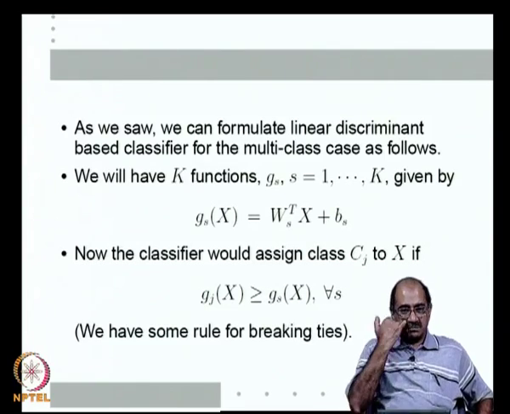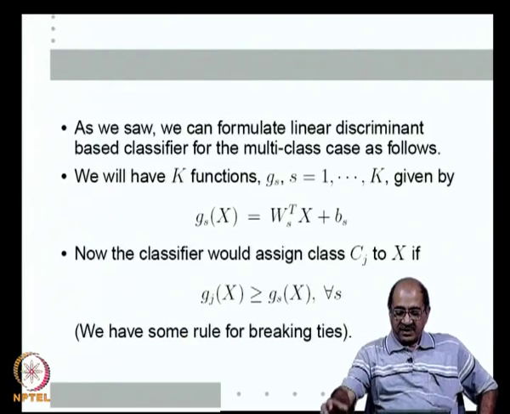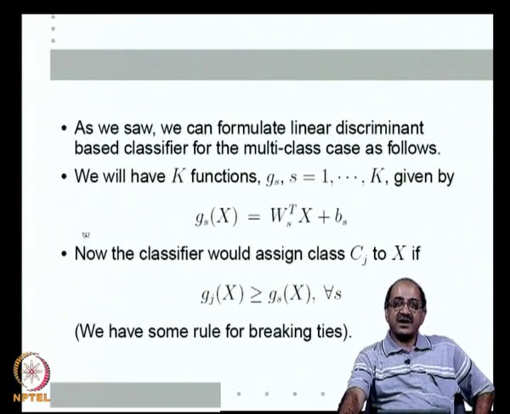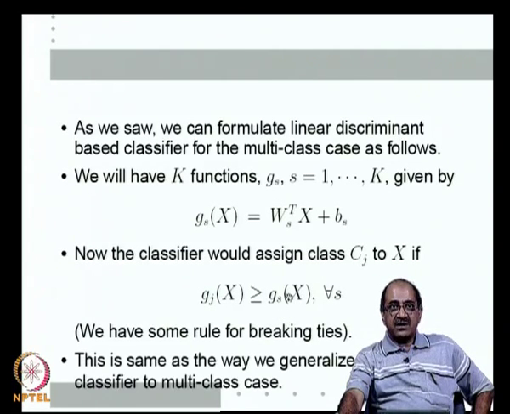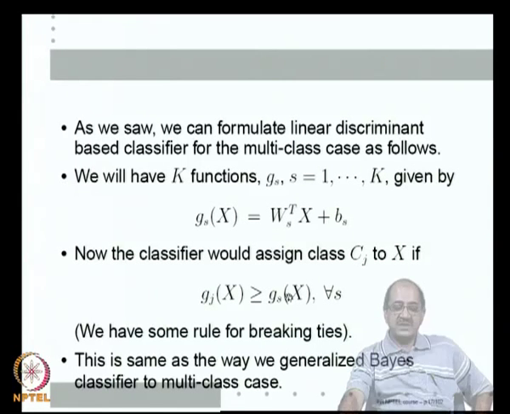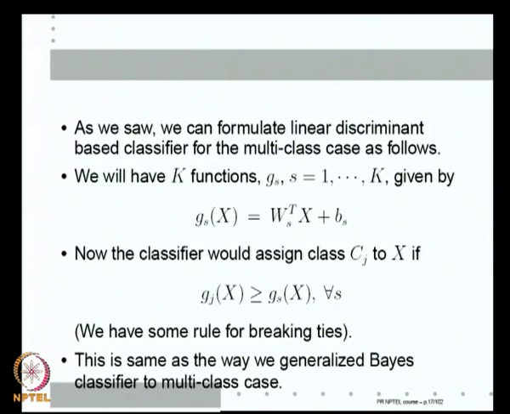While complete correctness may be okay or not okay, at least this is a proper function. So, as long as we have a simple rule for breaking ties, having k functions like this will completely specify a linear classifier in the multi-class case. You may recall that this is exactly how we generalized the Bayes classifier to the multi-class case.